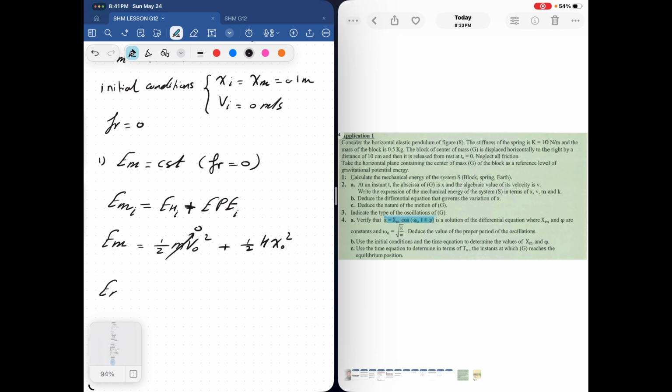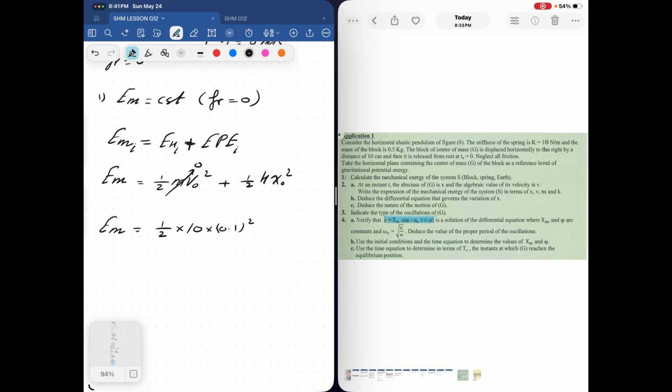And so the mechanical energy is equal to half multiplied by k, which is 10, multiplied by 0.1 squared, and we get the value of mechanical energy in joules. I'm sorry for this calculation mistake. This is 0.05 joules.